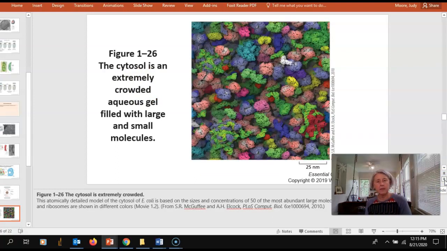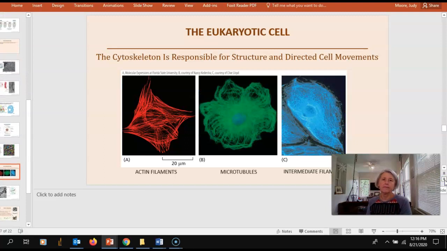The background material in which these membrane-bound organelles are embedded is called the cytosol. The cytosol is an aqueous gel. It's extremely crowded with large and small molecules as well as ions in the watery matrix. Another component of a cell that's important to know about would be the cytoskeleton.